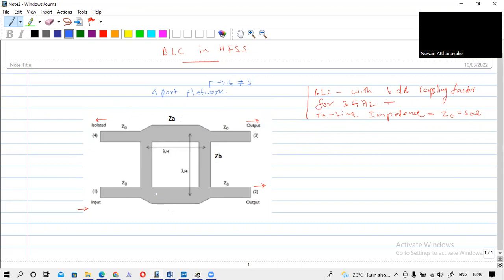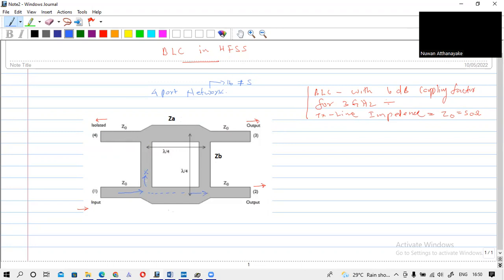I think you have an idea about this branch line coupler. If this is the input port and we send some power through it, the power should go in this way, and it should not go this way. This path should be blocked. This is the isolation path, the isolation port.